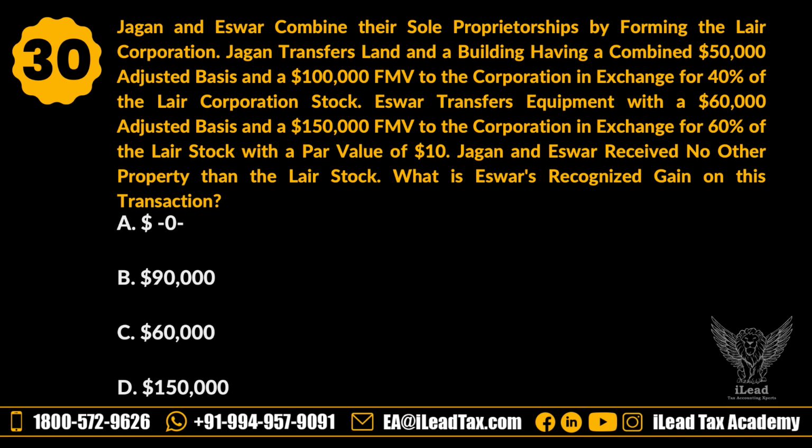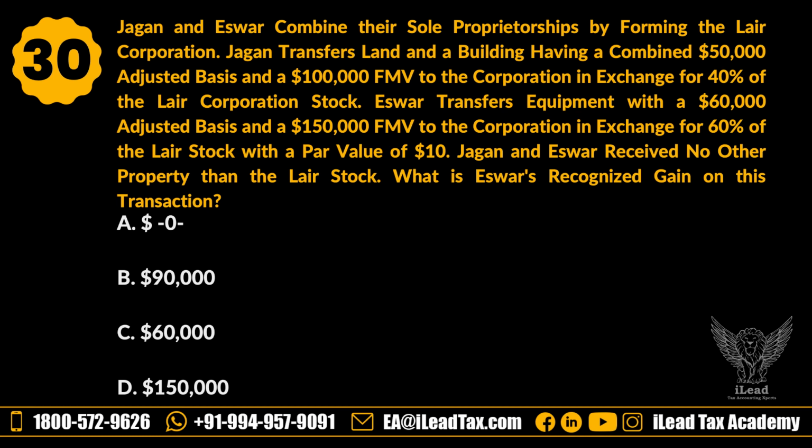Ishwar transfers equipment with a 60,000 adjusted basis and 150,000 FMV to the corporation in exchange for 60% of the Lyre stock with a par value of $10. Jagan and Ishwar received no other property than the Lyre stock. What is Ishwar's recognized gain on this transaction? Let's see the options. Option A 0, option B 90,000, option C 60,000, option D 150,000.